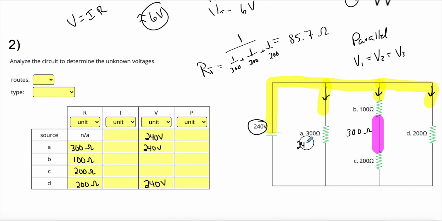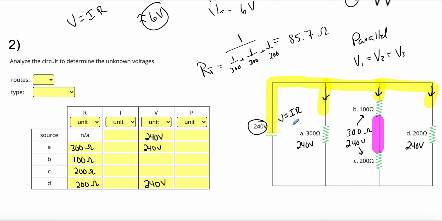Okay, so let's start working through this. We have 240 volts going through there, 240 volts going through there, and 240 volts going through this one, which is going to break apart into these two resistors. So V equals IR. I'm going to take my voltage divided by my resistance and I'll get my amperage.